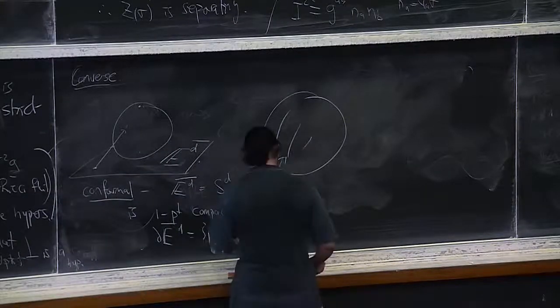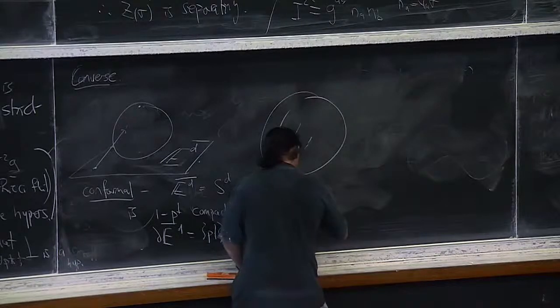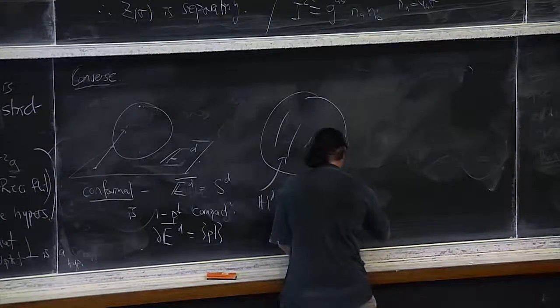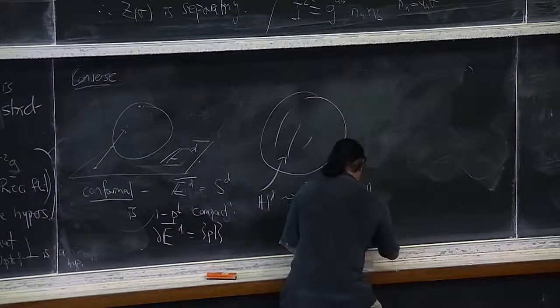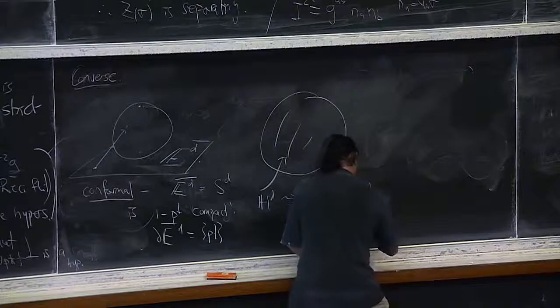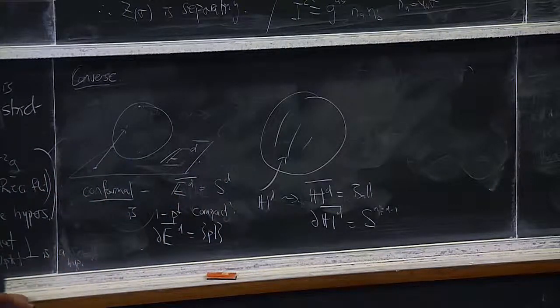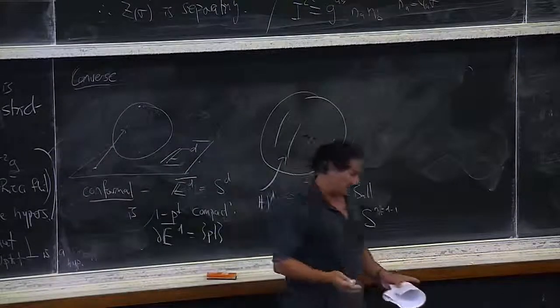Then the usual compactification is into a closed ball. So in this case the topological closure is a ball, and the boundary of that is a sphere, S^(d-1). So there's a big difference. Here we compactified and got a point. Here we compactified and got a sphere.